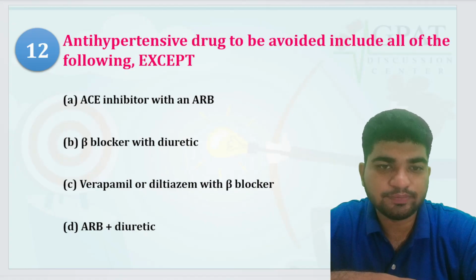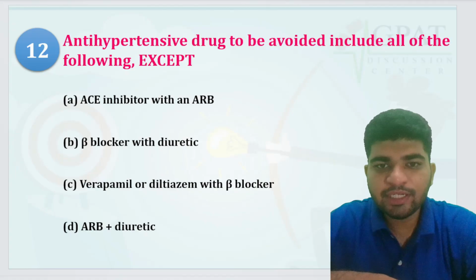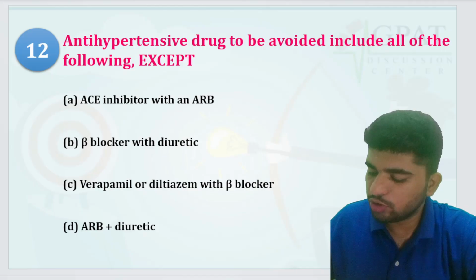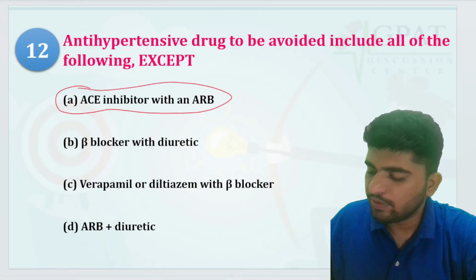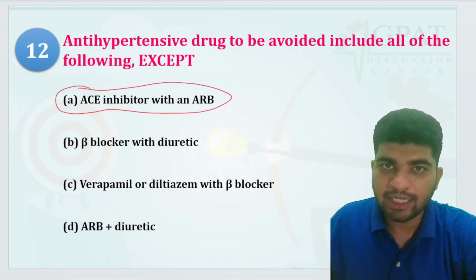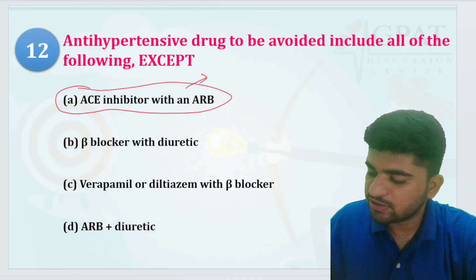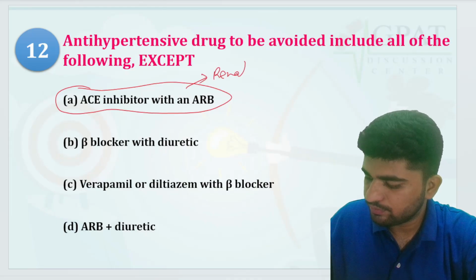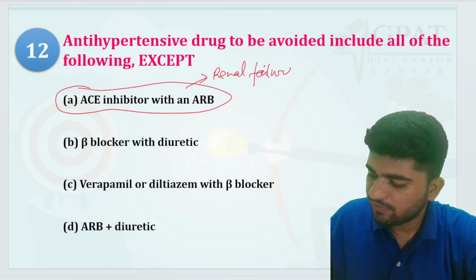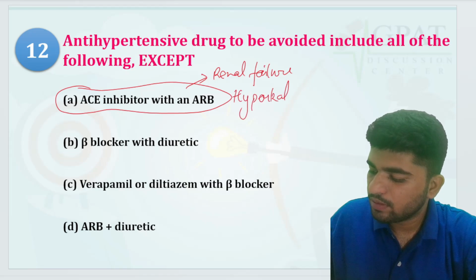That is very common. Okay, so ACE inhibitor with ARB, no, it should not be given combined because there is a high chance of renal failure and may cause hyperkalemia.